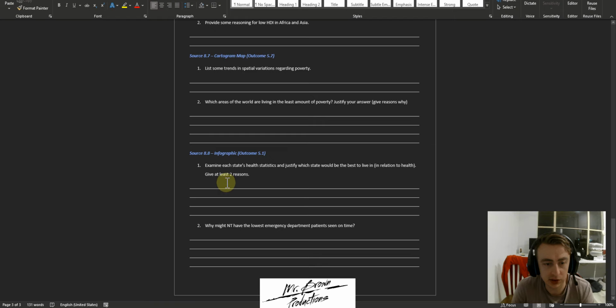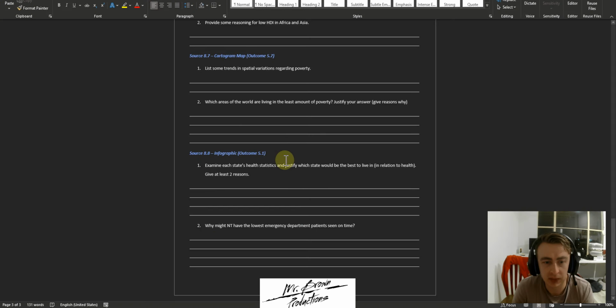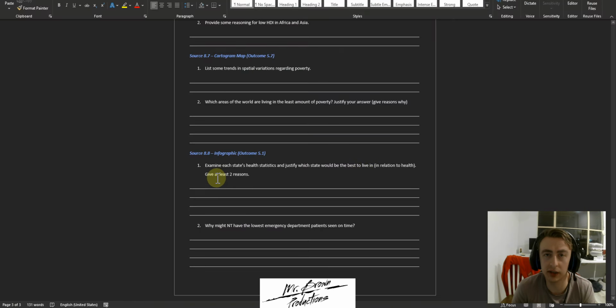And then the last question is looking at the infograph here, which is source 8.8. I want you to examine each state's health statistics and justify which state would be the best to live in in relation to health, because this is measuring mostly health in Australia as a wellbeing agent. And I want you to give it at least two reasons.